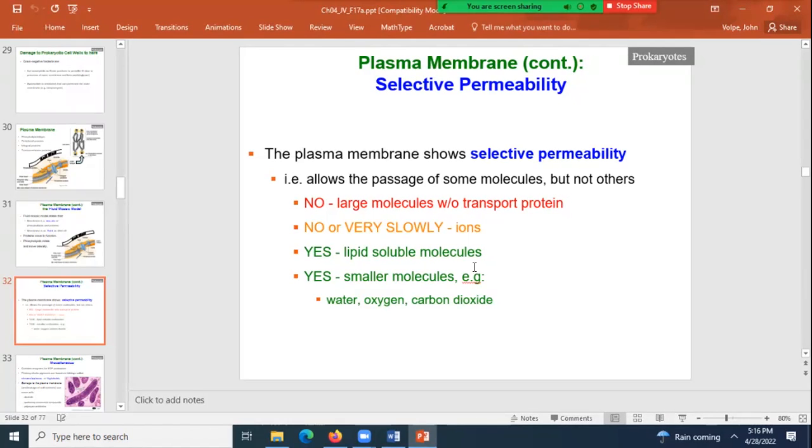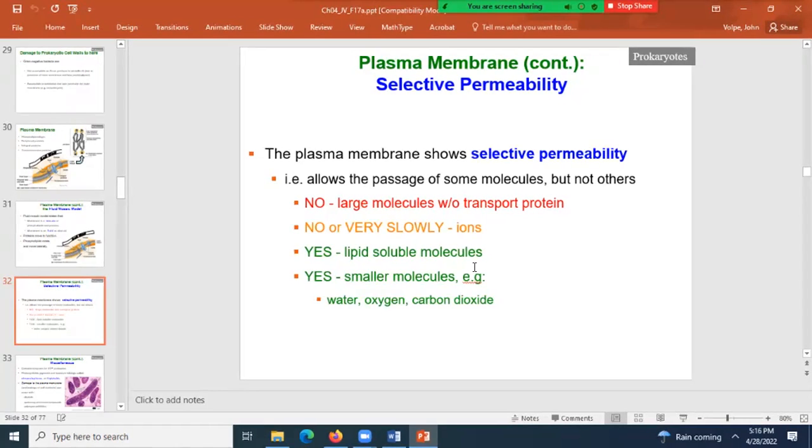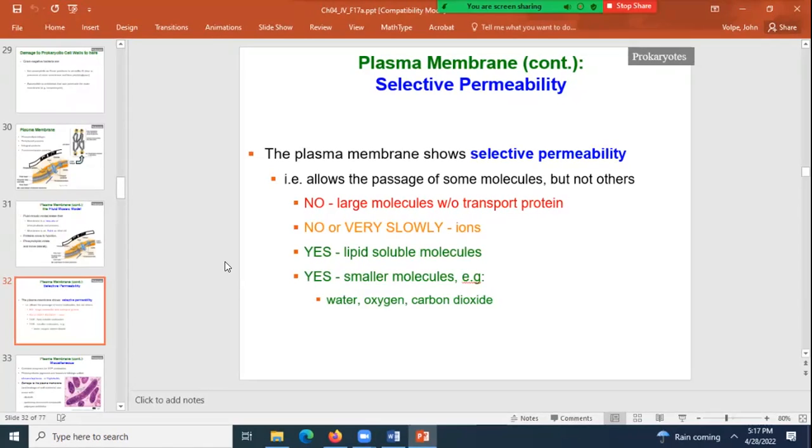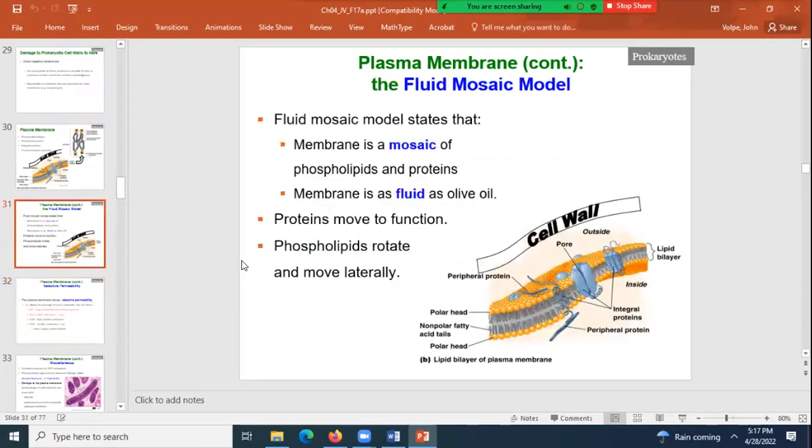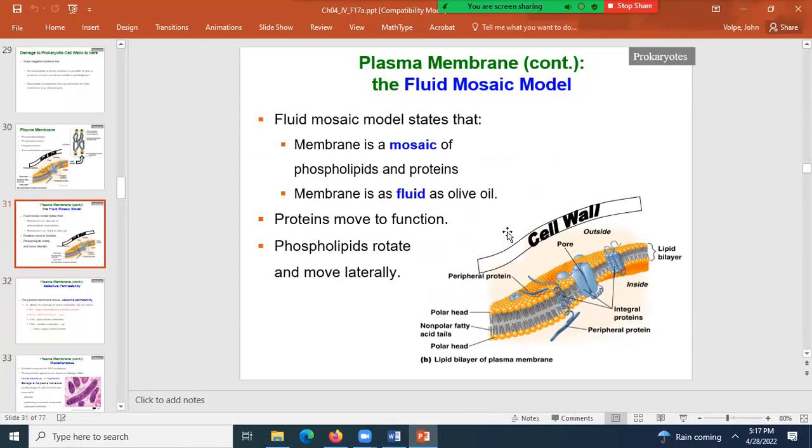Lipid molecules can get through the lipid fatty acid bilayer, so they can move across the membrane. But if you think about a red blood cell, there aren't going to be very many lipids floating around in your blood because your blood is mostly water, right?